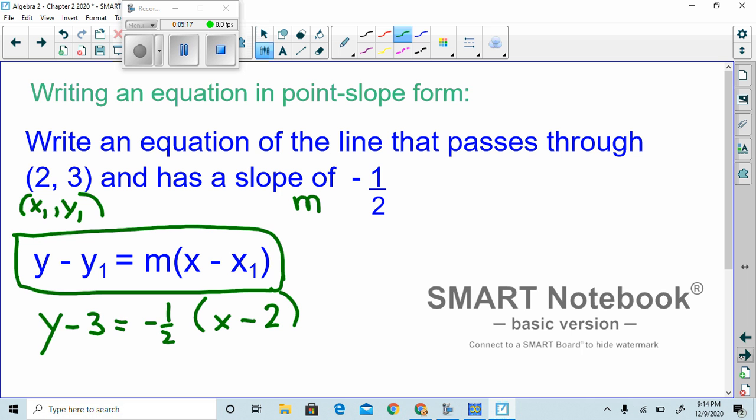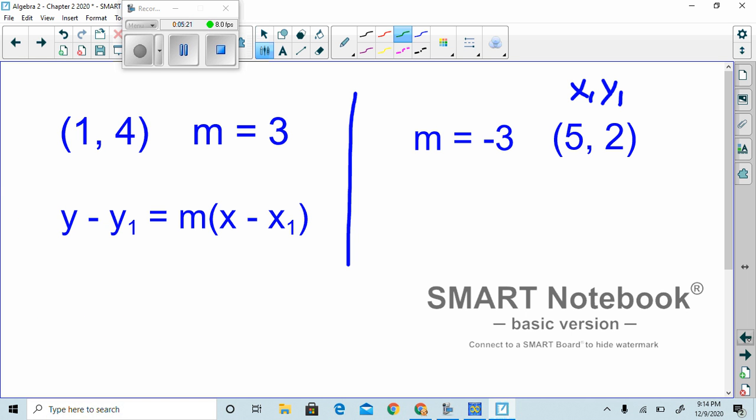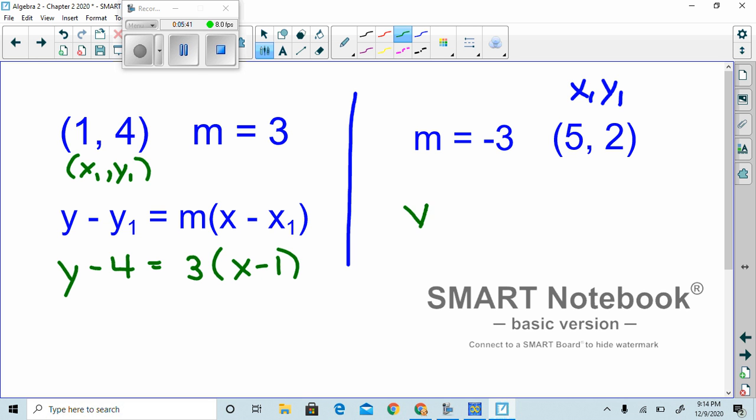A next example, I'm given an x1, y1. y minus 4 is equal to 3 times x minus 1. Just practice a little bit here. y minus 2 is equal to negative 3 times x minus 5.